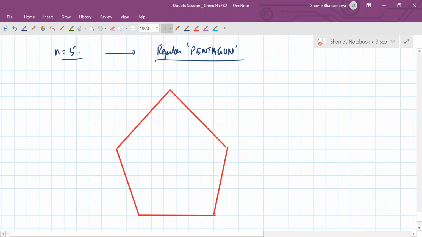What you'll also see is that if these are five equal sides, then these are five equal angles.